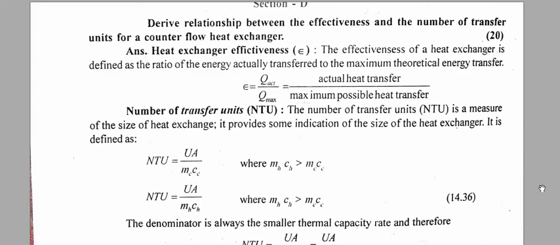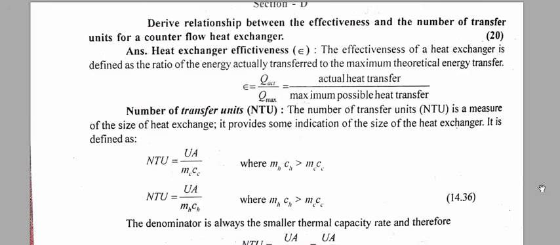Then we have the number of transfer units, generally known as the NTU. The number of transfer units, NTU, is a measure of the size of the heat exchanger. It provides some indication of the size of the heat exchanger.